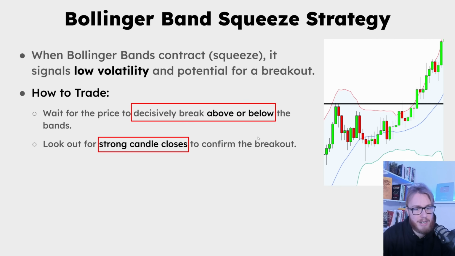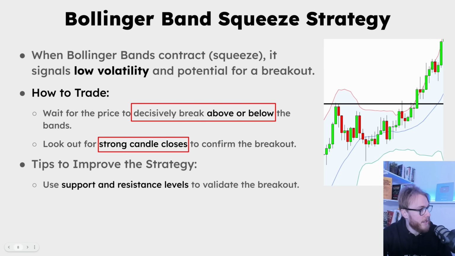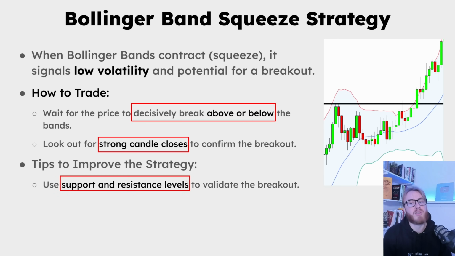However, this strategy is not done here, because in order to use this strategy, you need to know about a few important tips. And the first tip here is to use support and resistance levels to validate the breakout. So these breakouts from Bollinger Bands happen pretty often, and many times they can actually give false signals.